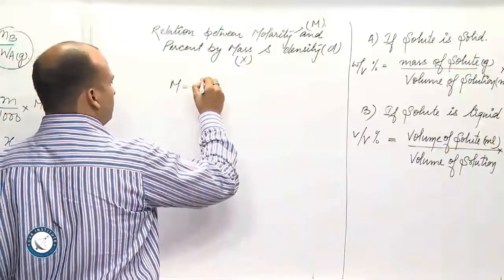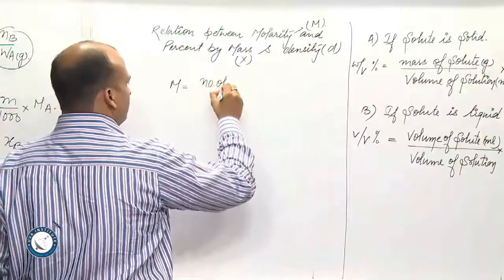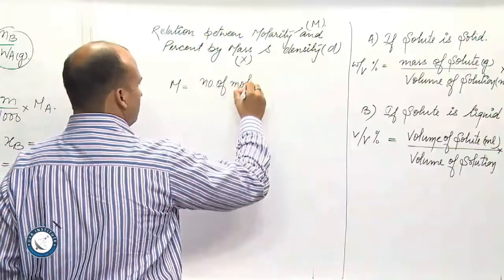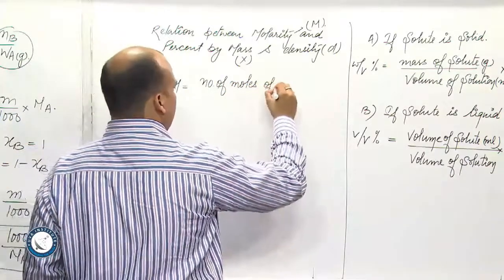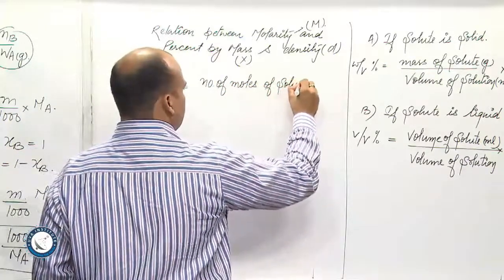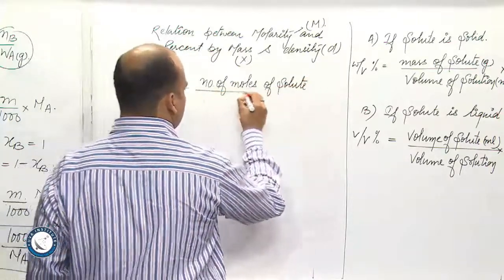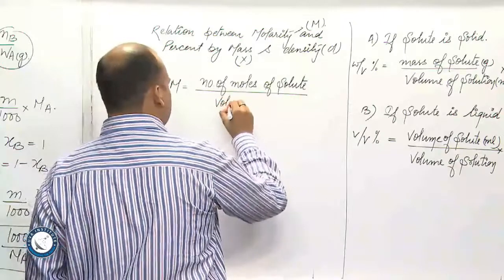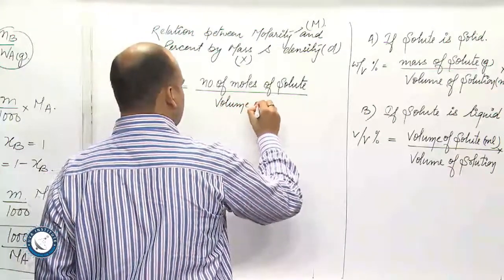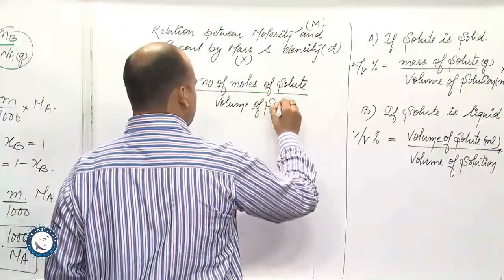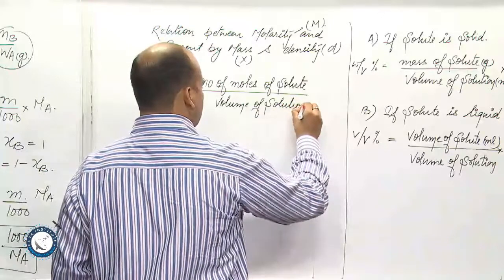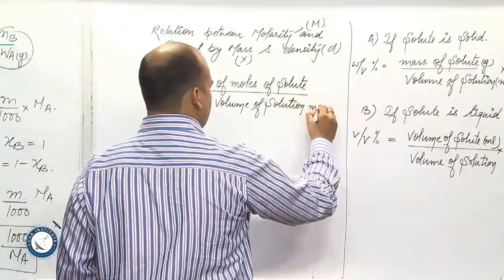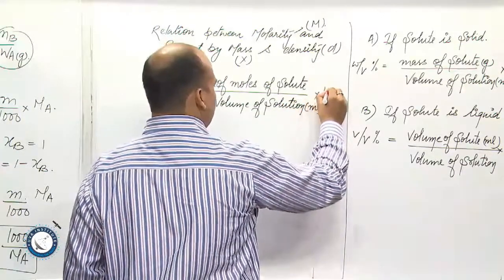molarity is number of moles of solute divided by volume of solution in milliliter multiplied by 1000.